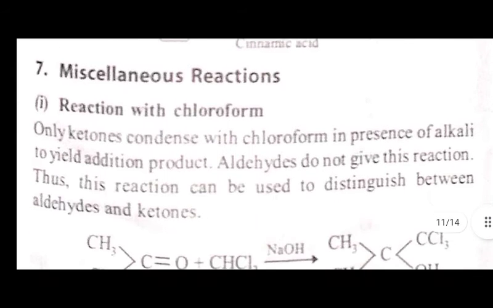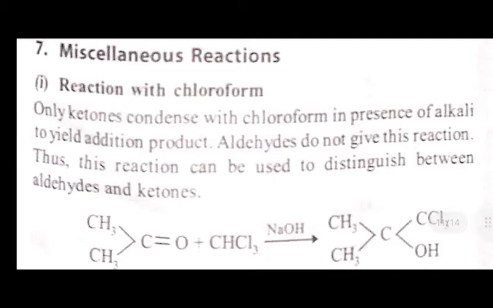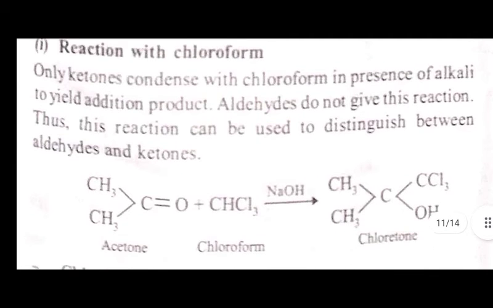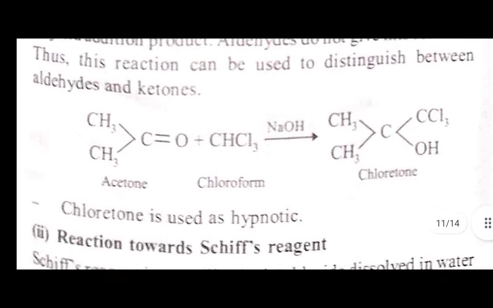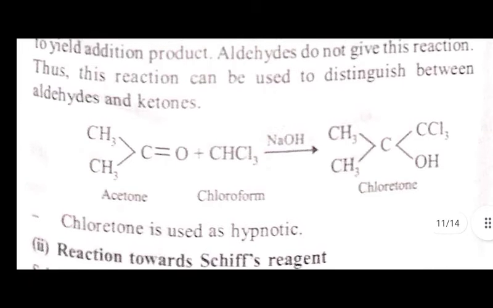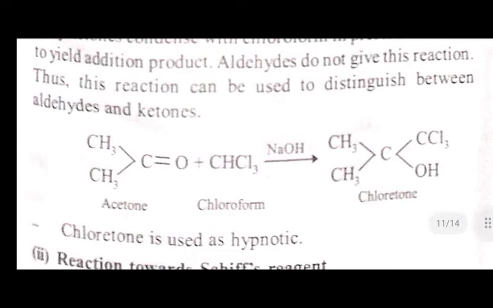Now there are some miscellaneous reactions. Reactions with chloroform. Acetone reacts with chloroform to form a specific compound, and this reaction can be used to distinguish between aldehydes and ketones, because aldehydes do not give this reaction. And this is also for some extra information.